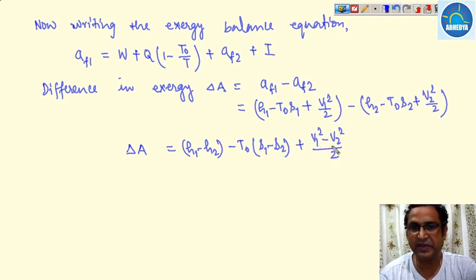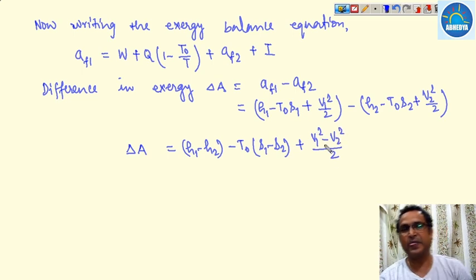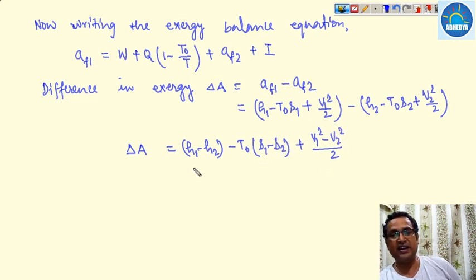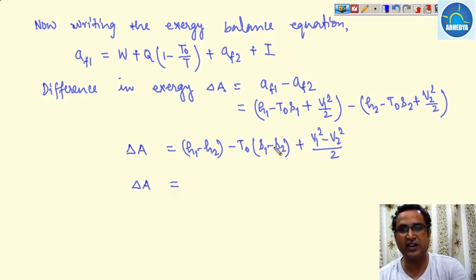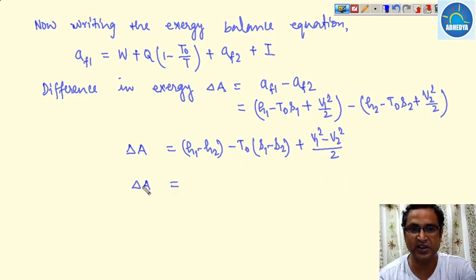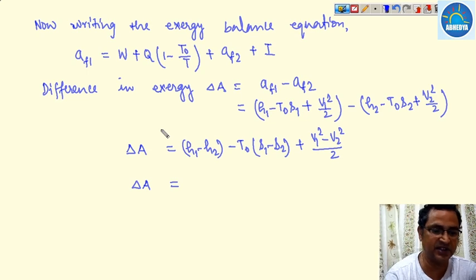And always remember, if you write velocity in meter per second, then you will get joule, and here all will be in kilojoule, so we have to divide by 1000 to make the same unit. Once you put all these values, you will get the value of the exergy change.